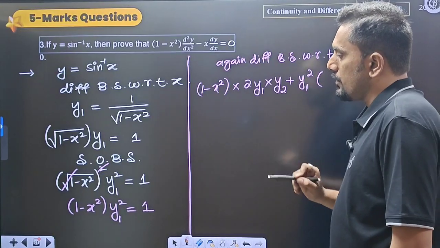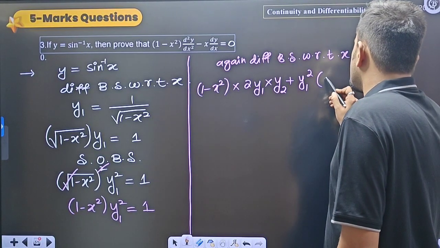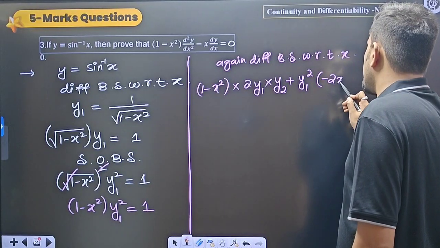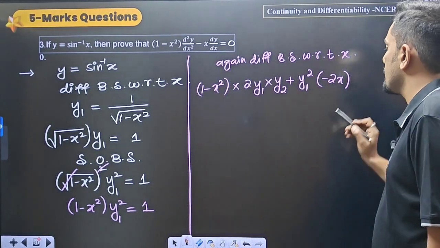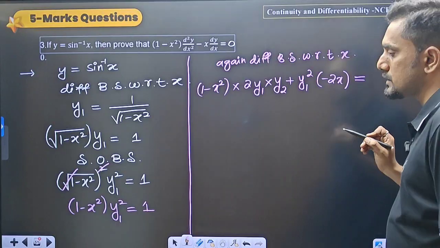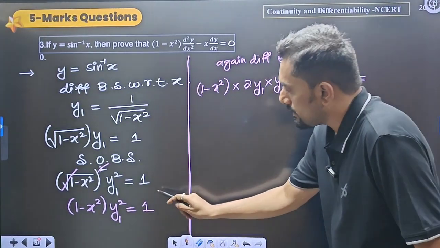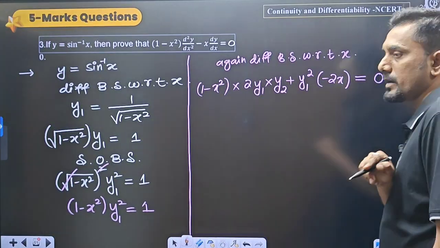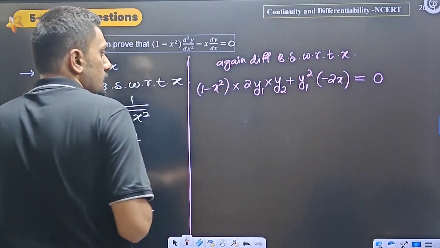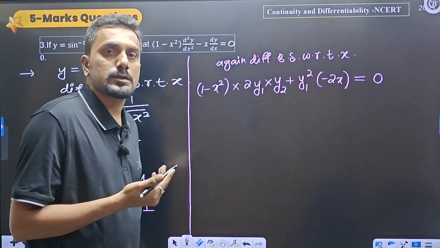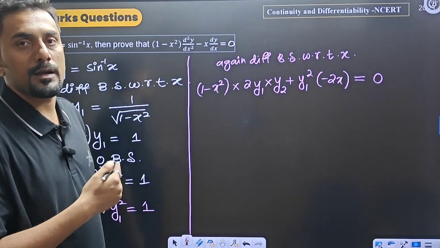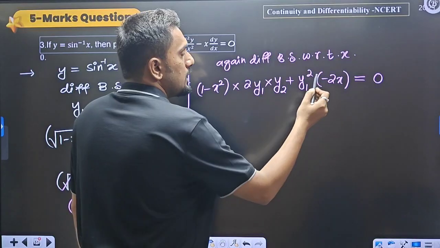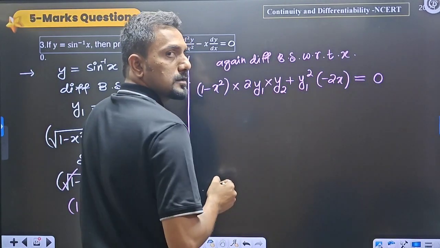Then the derivative of x square is 2x, so the derivative of 1 minus x square is nothing but minus 2x. Hope you are able to understand what I am teaching. Derivative of 1 is nothing but 0. Okay, this is an important step, because whatever we take common here, the next step depends on it. Look here, there is 2y1 here, and here also there is 2y1.